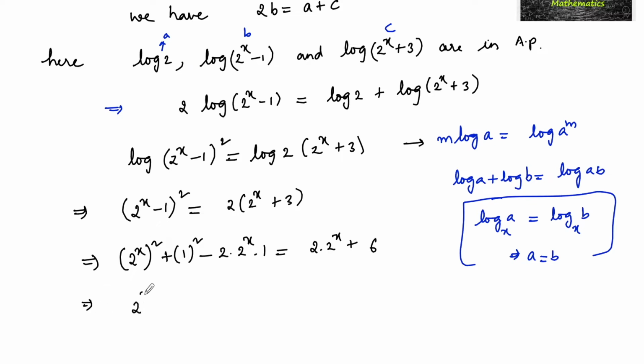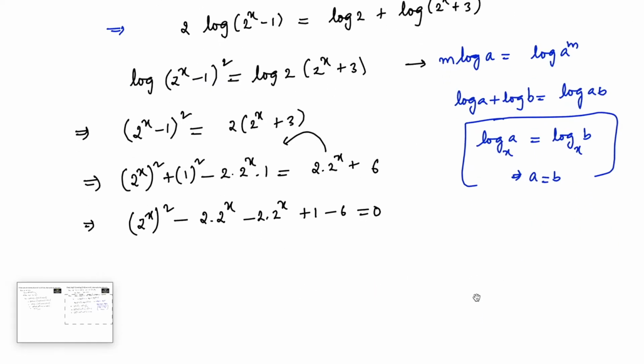So we can write 2 power x whole square minus 2 into 2 power x, and again the term will come here minus 2 into 2 power x, plus 1 minus 6 is equal to 0.